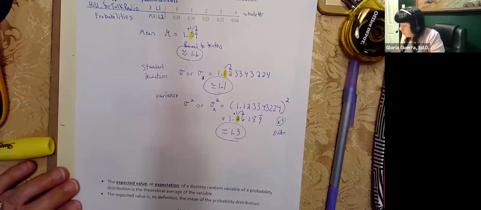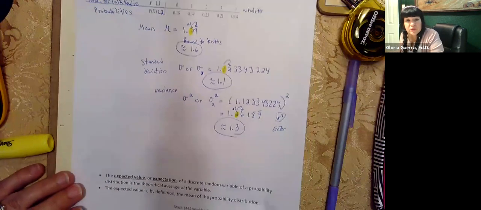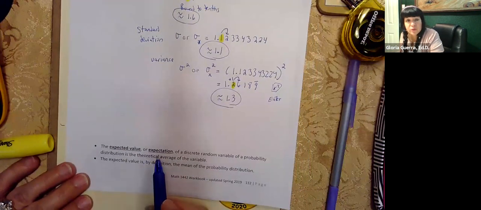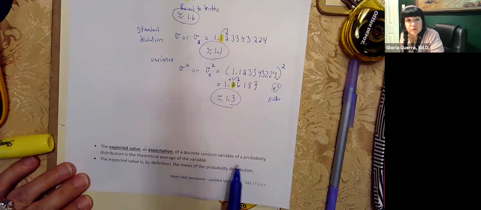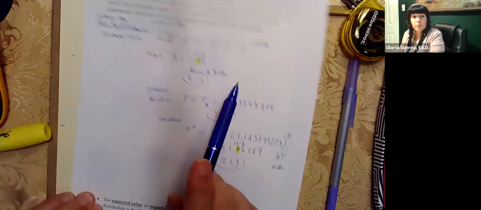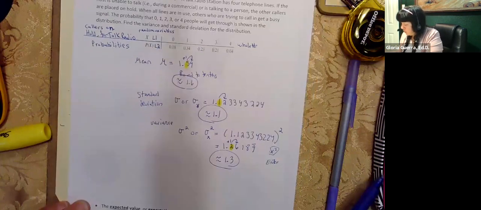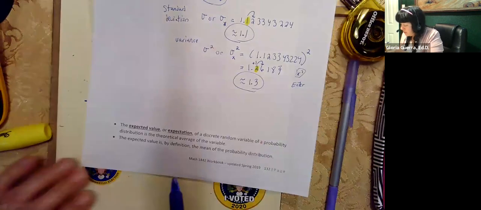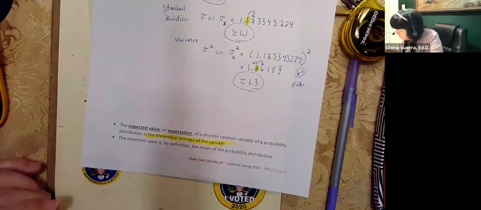Then we move on to new vocabulary that we need for the next page. It talks about expected value or expectation, which was in our title of a discrete random variable of a probability distribution. Remember, these are probability distributions. Look at what it is: the theoretical average of the variable.